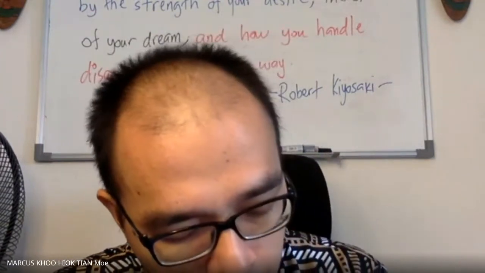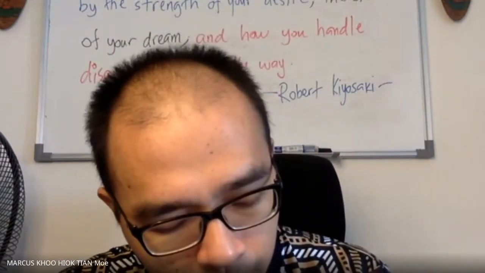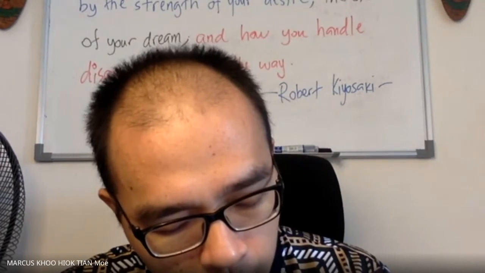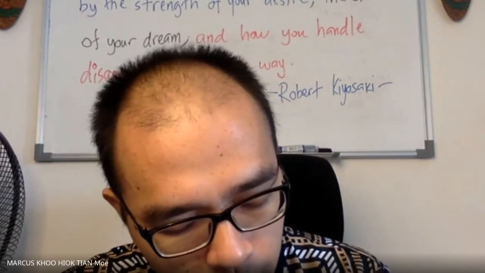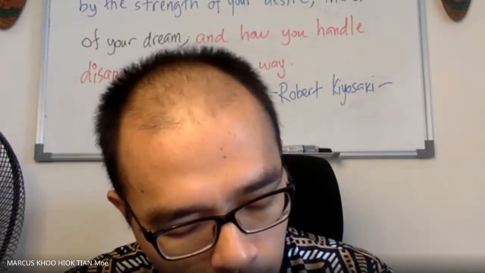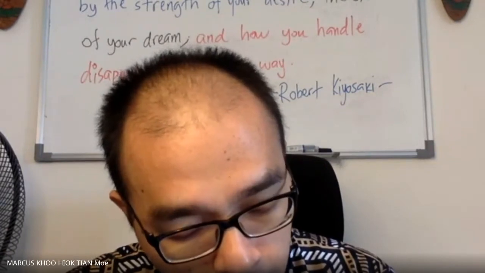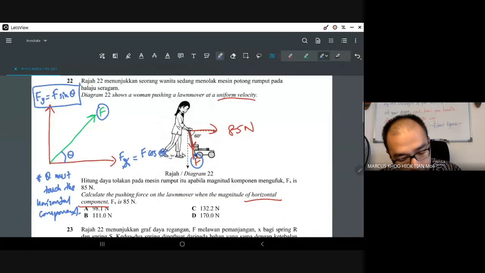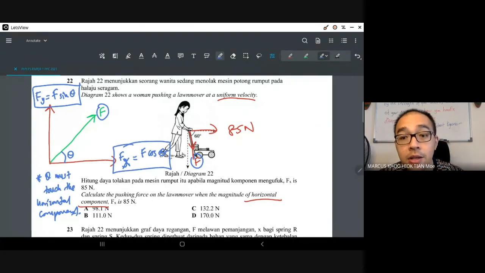I'm not going to waste time going into kenapa cos, kenapa sin lah. But this is the most important thing: theta must touch the horizontal component. For this to work, the angle of theta must be touching the horizontal component.